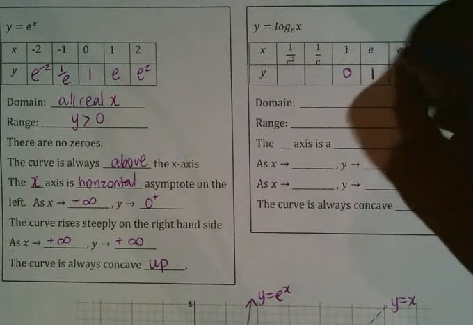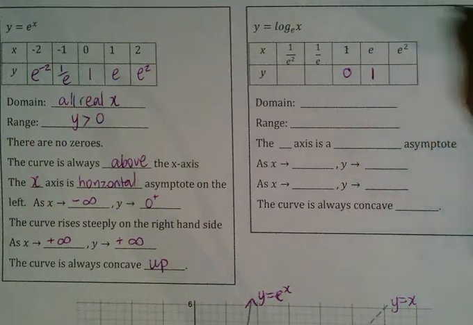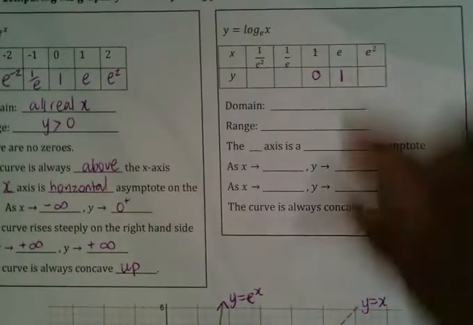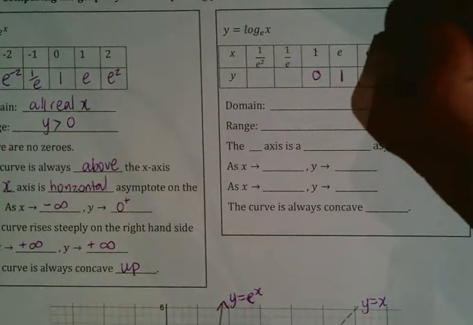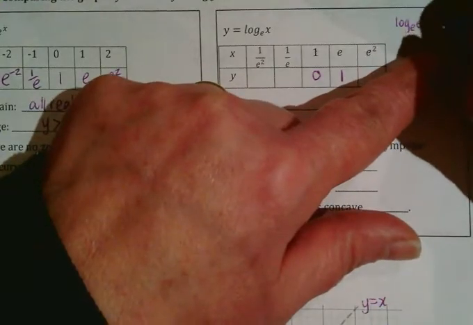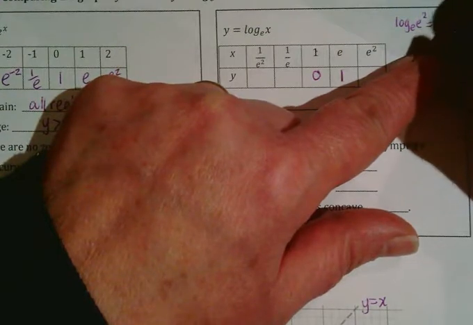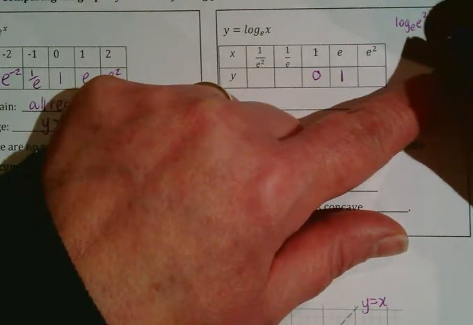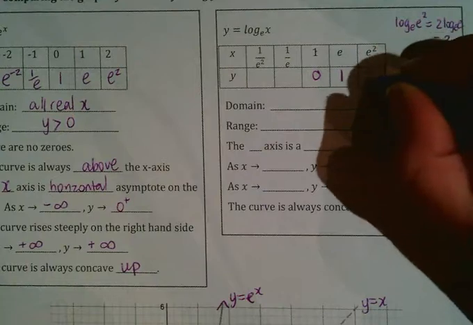And log to the base e of e squared, we can do a bit of working out over here. We've looked at these before. The 2 comes to the front, 2 log to the base e of e, and we know that log to the base e of e is 1, so it's 2 times 1, which is 2.